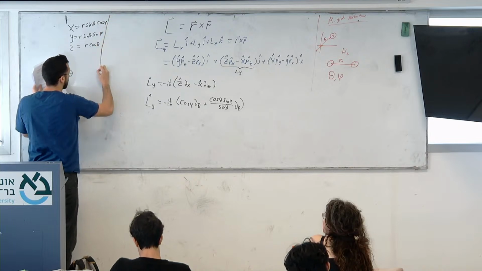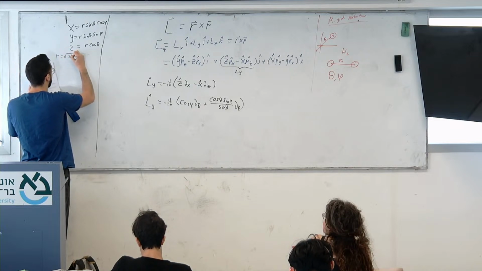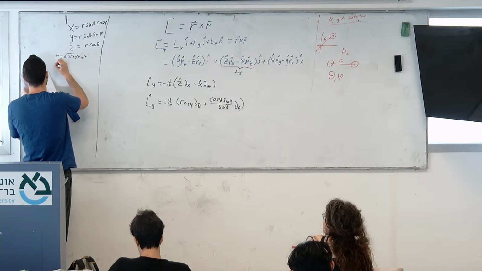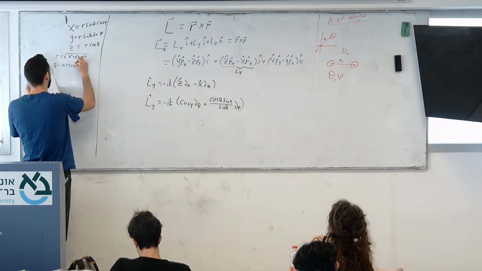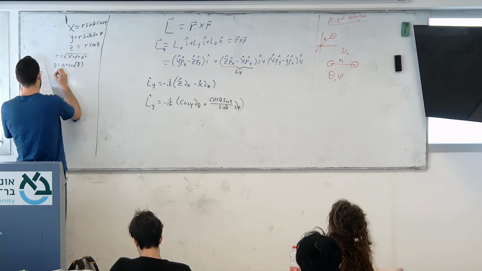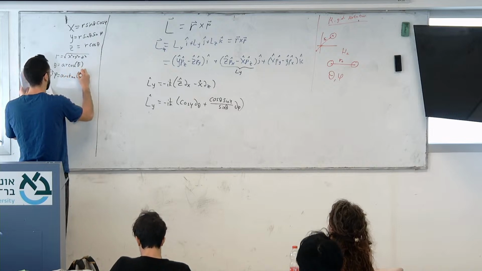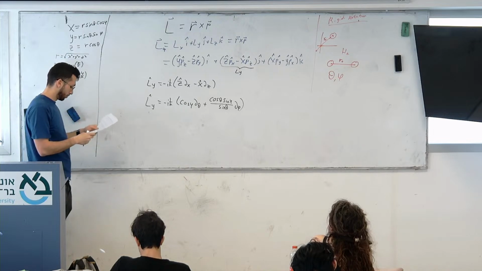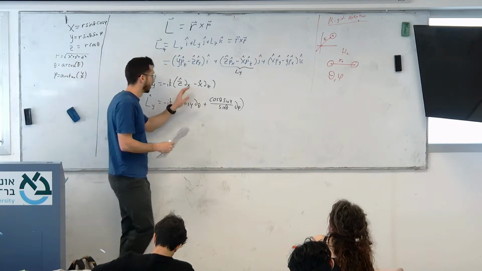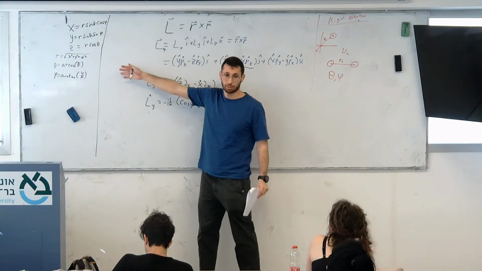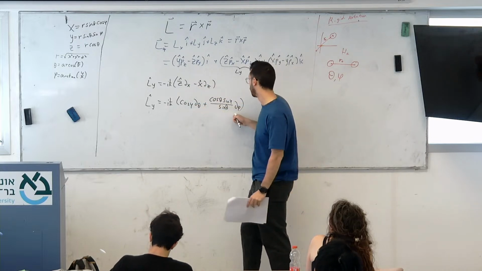Where r is equal to the square root of x squared plus y squared plus z squared, theta is arccosine of z over r, and phi is arctangent of y over x. This is just a change of variables. We want to move from x, y and z to theta and phi somehow.